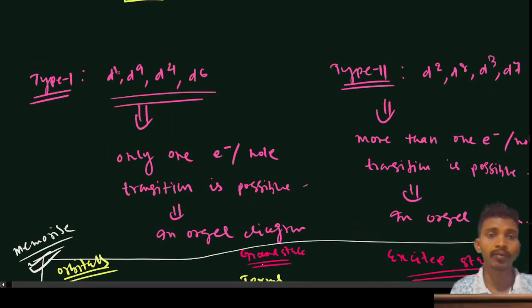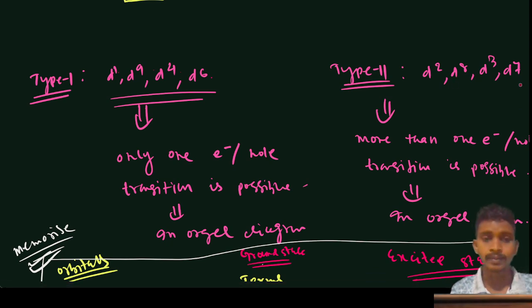So for type 1, D1, D9, D4, D6 is there, and for type 2, D2, D8, D3, D7. And we will talk here only one electron or one hole transition is possible. Okay, that may be electron or maybe hole, but one transition is possible for type 1, and for type 2 more than one. Mainly two transitions are possible, okay, for type 2.